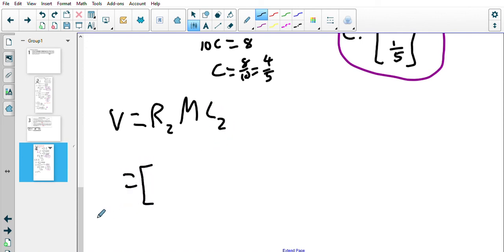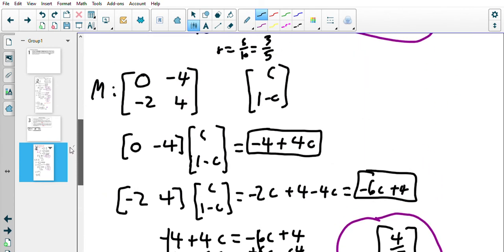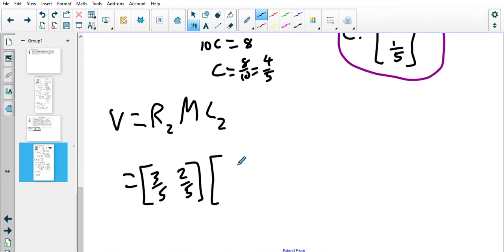So our row was 3/5, 2/5. Our reduced matrix was 0, negative 4, negative 2, 4. And our column matrix was 4/5, 1/5.